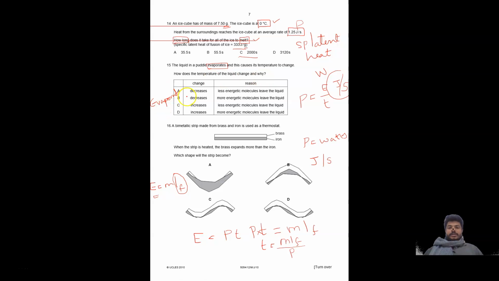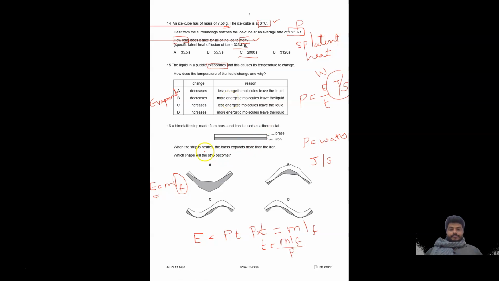The concept of evaporation is that the higher the temperature, the higher the evaporation. On the top surface, what happens? The molecules gain kinetic energy, break the bonds between the molecules and escape from the surface, right?